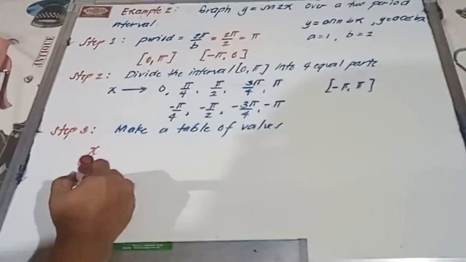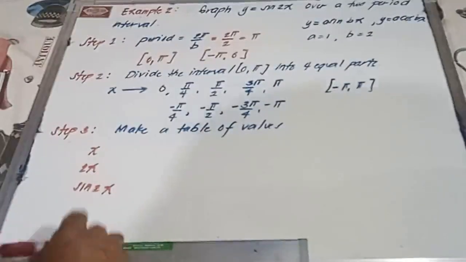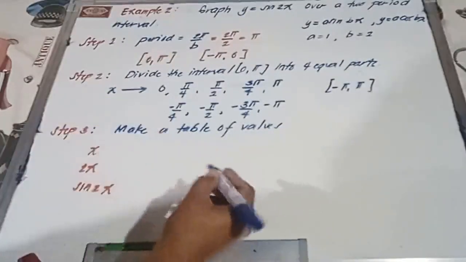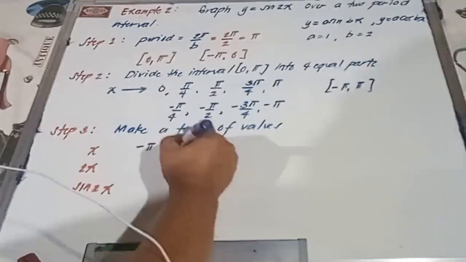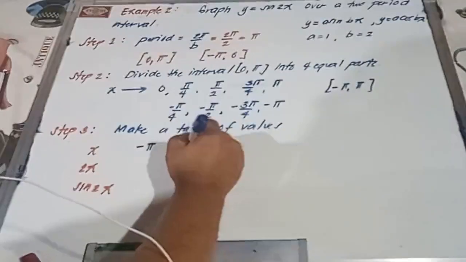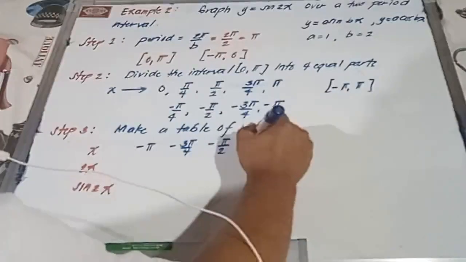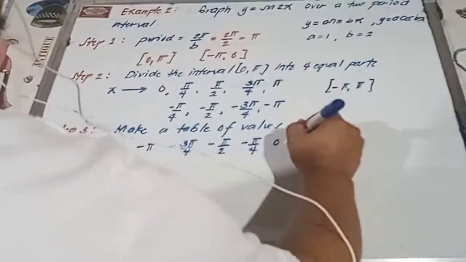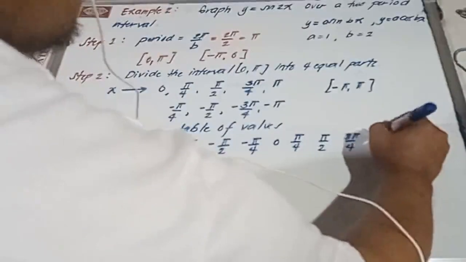Then, lagay natin dito yung sine 2x. And then, yung x values natin, we have starting from negative pi, negative 3 pi over 4, negative pi over 2, negative pi over 4, 0, then pi over 4, pi over 2, 3 pi over 4, then pi. Okay?